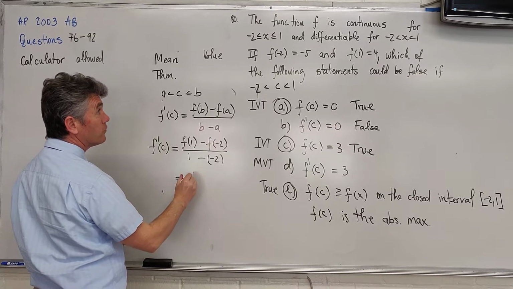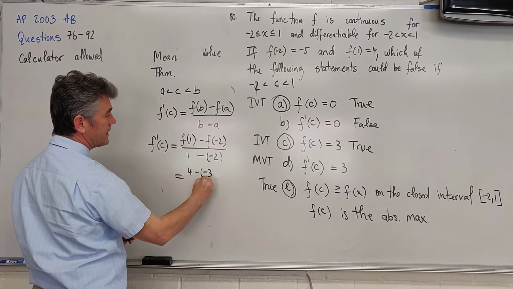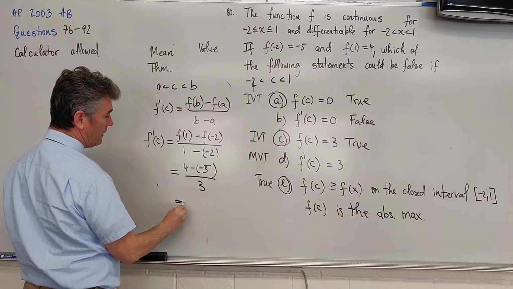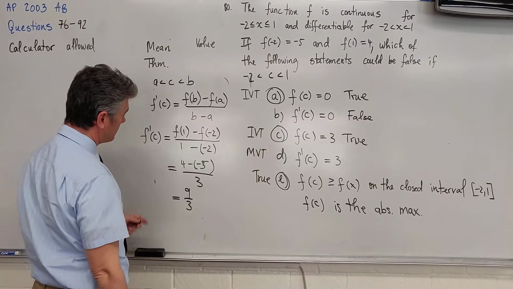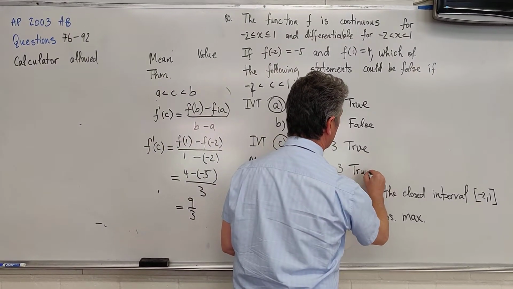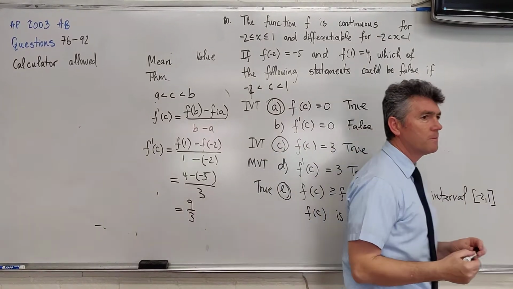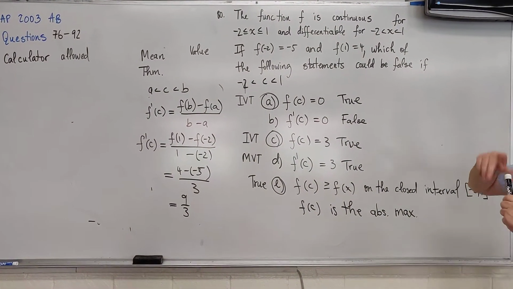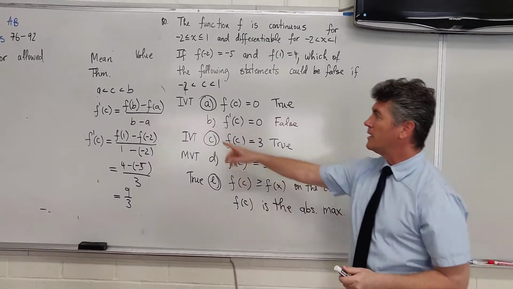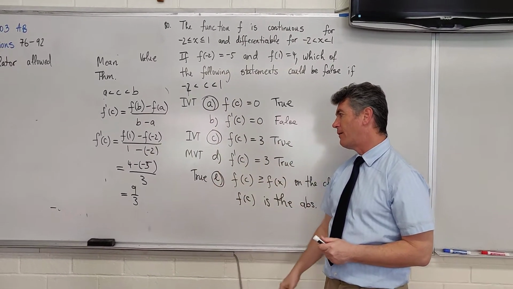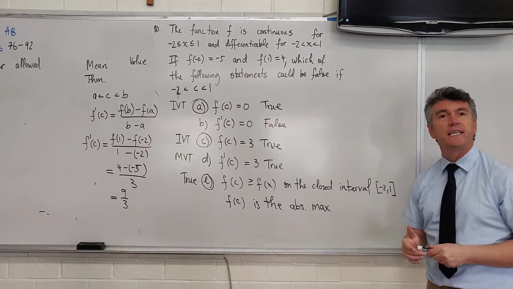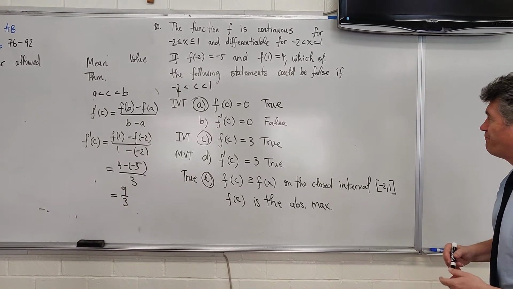It would be equal to 4 minus negative 5, that's supposed to be a 5, over 3, 9 over 3. So f prime of C would have to be 9 over 3, so this must be also true. So conceptual question, 3 concepts: the intermediate value theorem, the mean value theorem, and the last one is the theorem about absolute max and min on a closed interval.